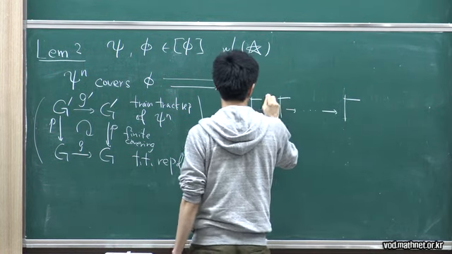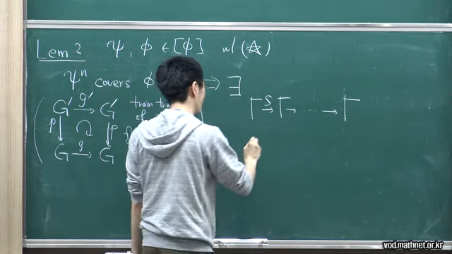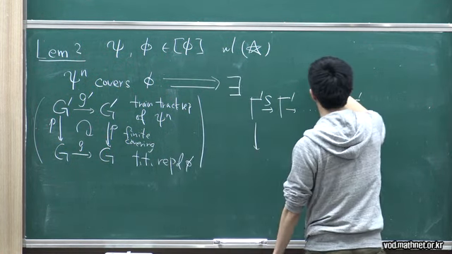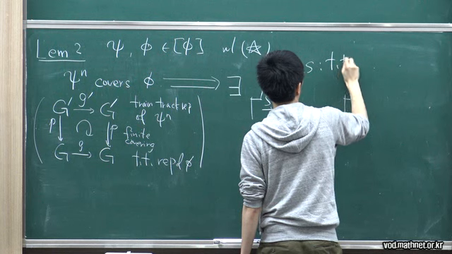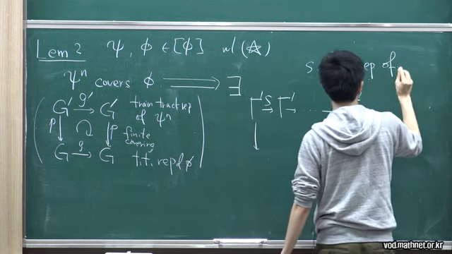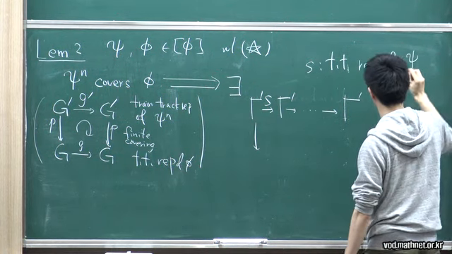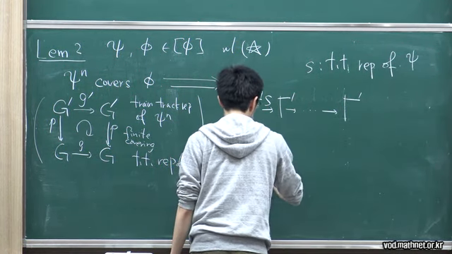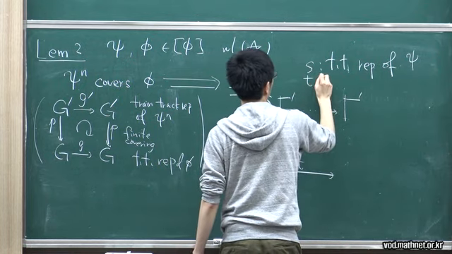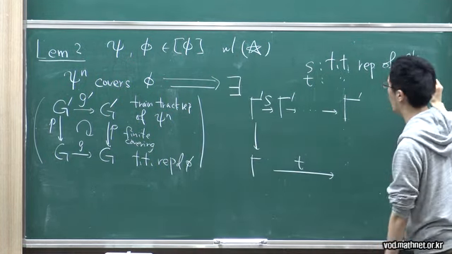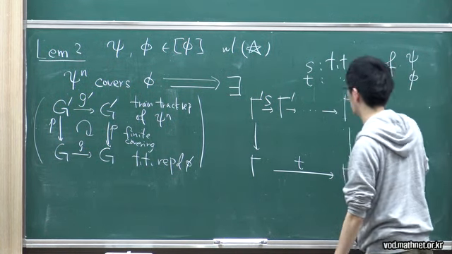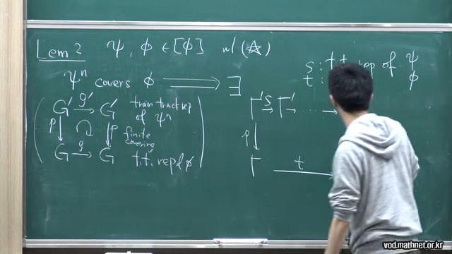So, well, sorry, I just called it F. This might be, say, S. So S is a train track representative of psi. And here is a train track representative of phi. And here's a rift.